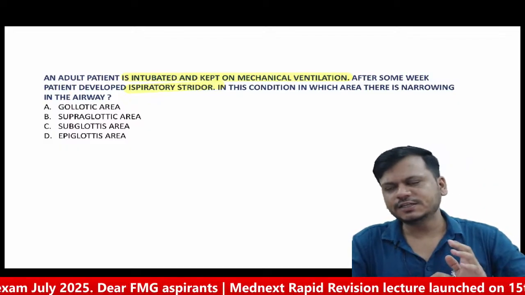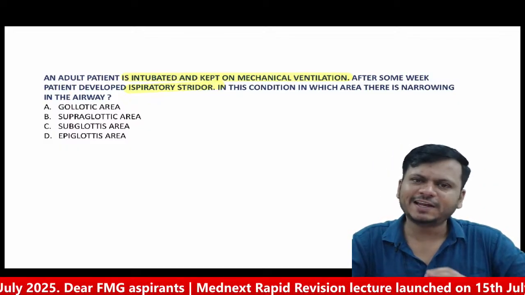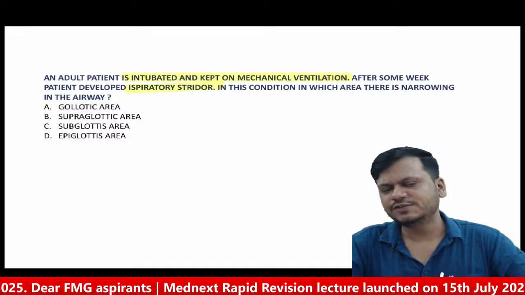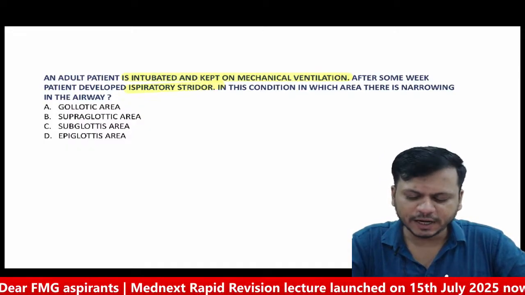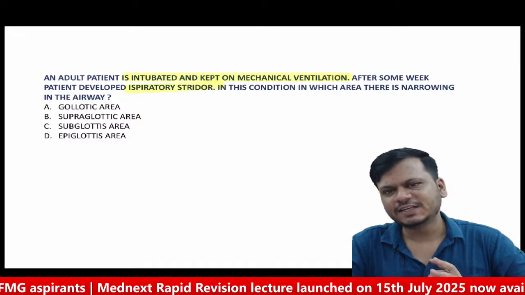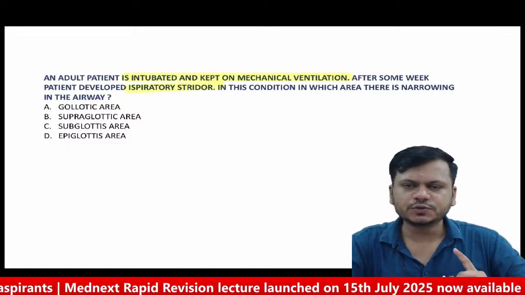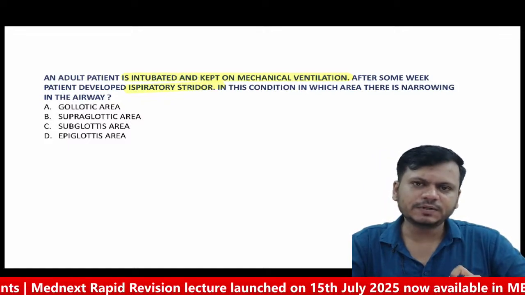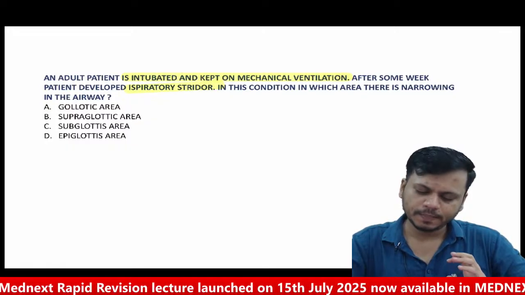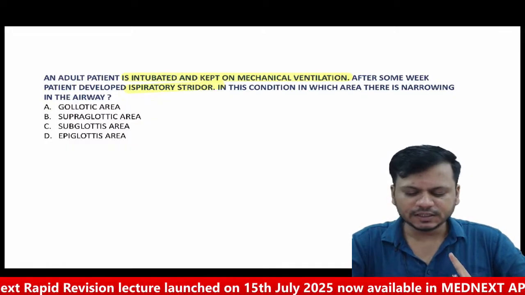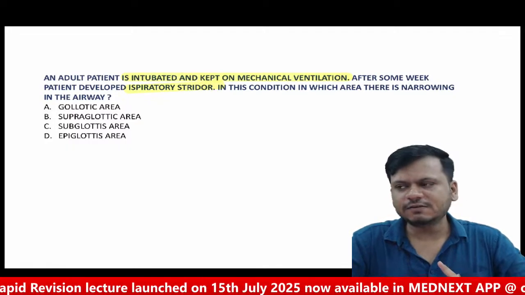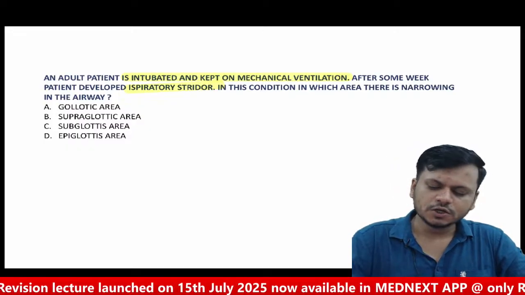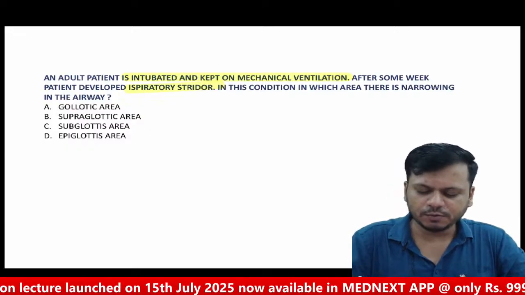First of all, this is not a question from the anesthesia side, this is from ENT. Okay, correlated with anesthesia. Kindly check this question with ENT people, they can give you the correct answer, but still the patient is on mechanical ventilation for some weeks, so I am considering this patient for more than 3 weeks.